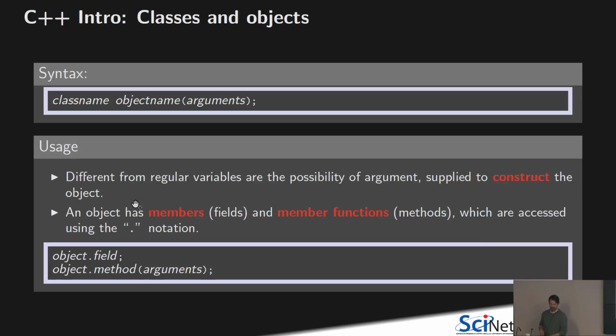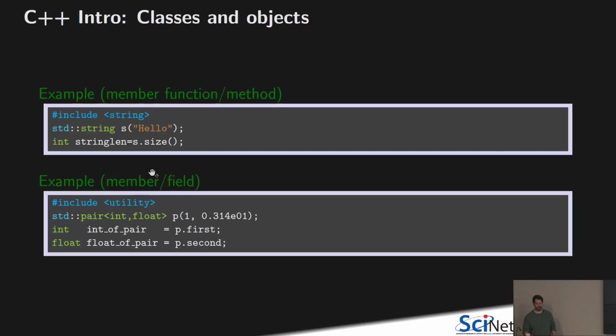An example would be more clear. So here's an example of an object called a string. So strings in C++ are objects. You define them by including the string header. So now I have the strings at my disposal, and they're called std::string. A lot of these standard libraries live in a namespace that's called std. So you have to prepend it with std::string. And then the name of the string will be s, and it will be initialized by hello.